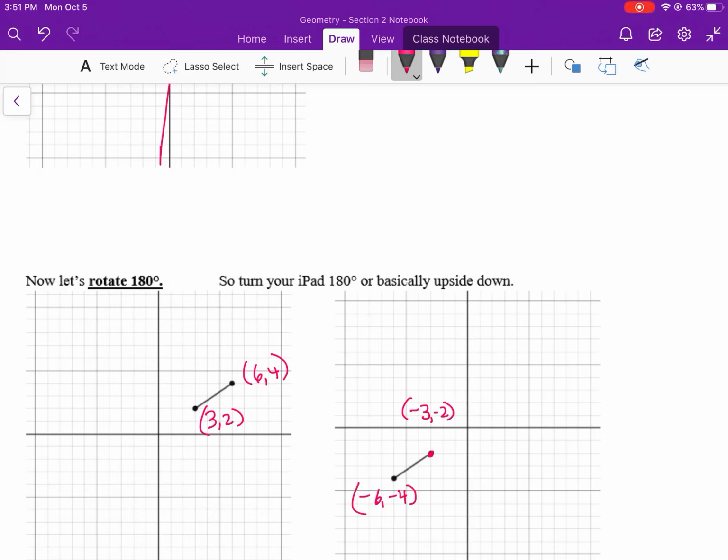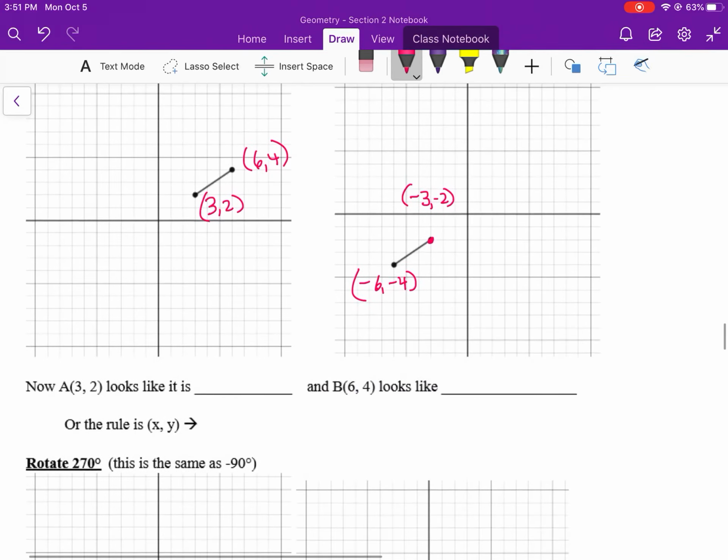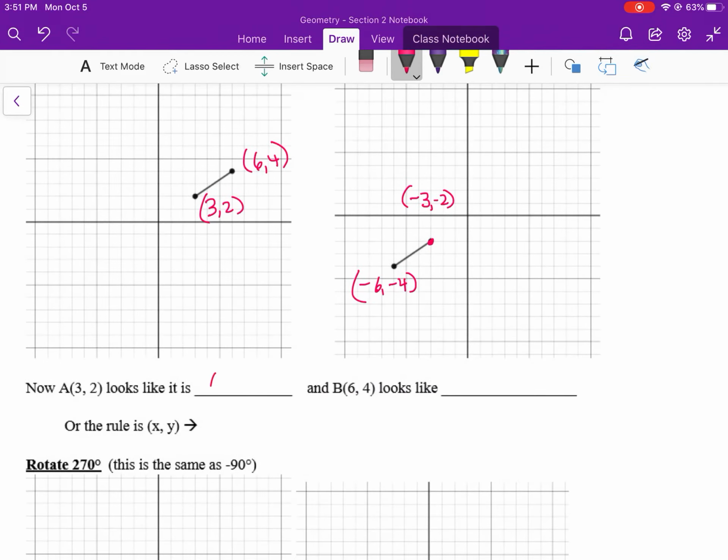So notice they just become negative, right? They don't have to switch, they just become negative. So -3, -2, and this looks like -6, -4. So this is (-x, -y). But again, that is super hard.